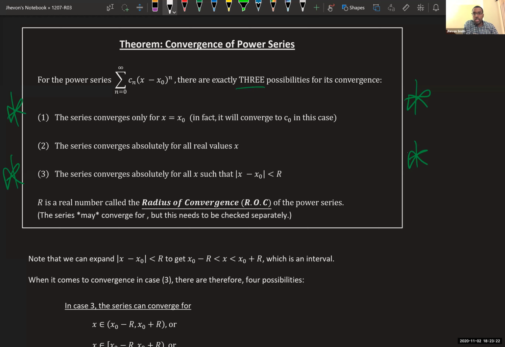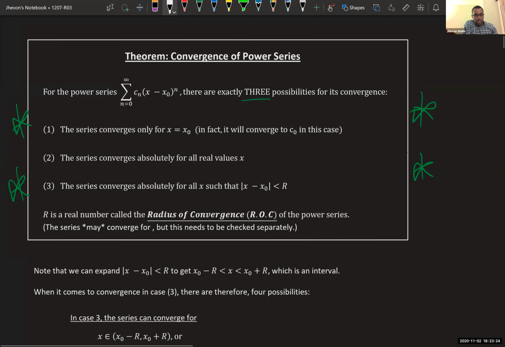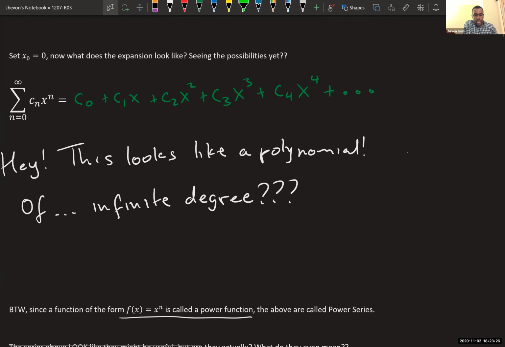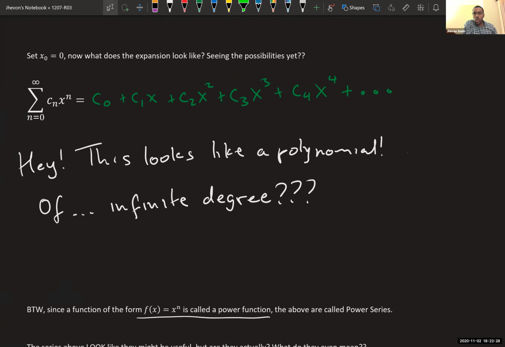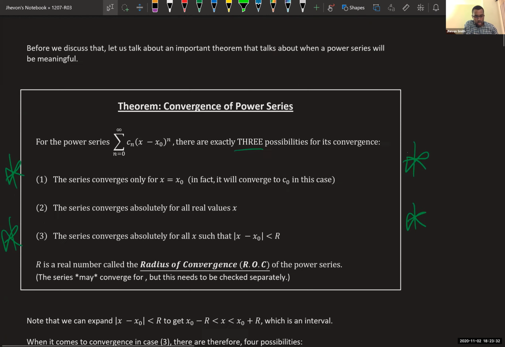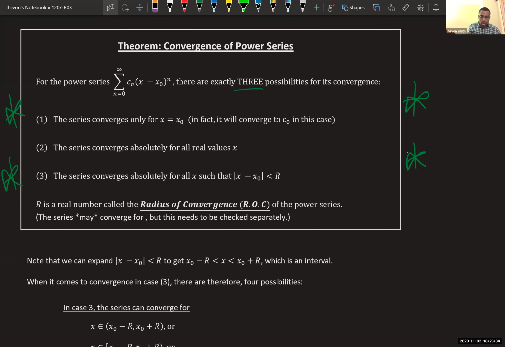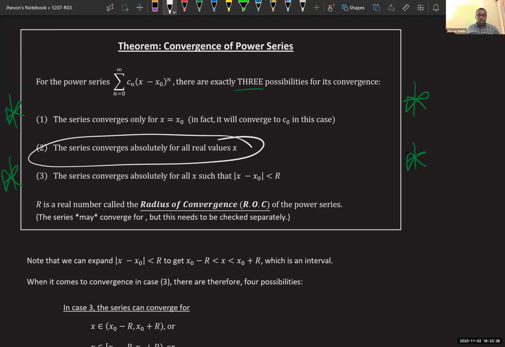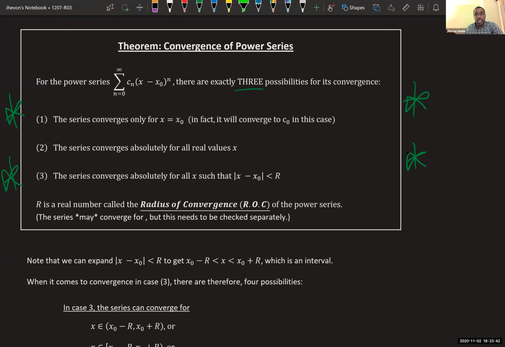Another possibility is whenever you write something down like this, it is going to be a bona fide function where you can literally plug in anything for x and it will actually work, right? So one possibility also is that it converges for all real values of x. So I have this infinite polynomial and I can plug in any x I want and it's going to work. That's a possibility. It will actually make sense somehow.